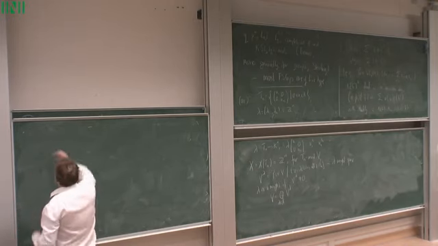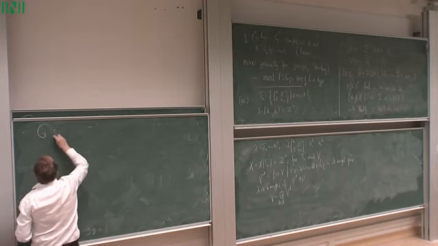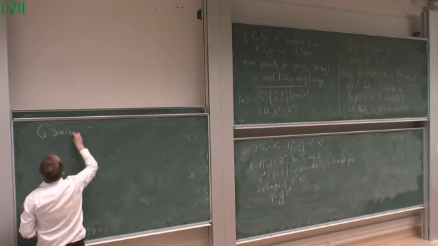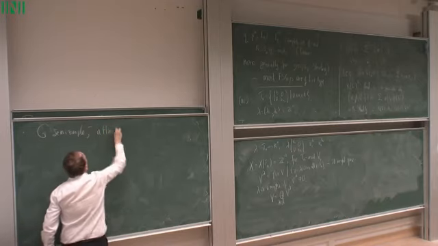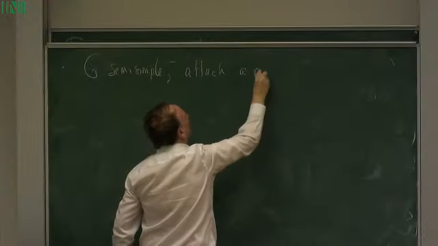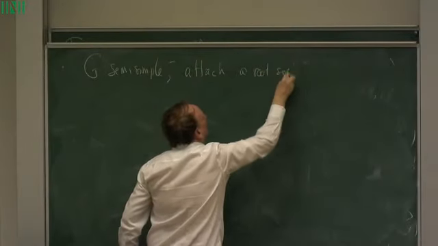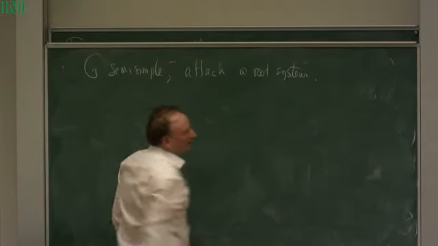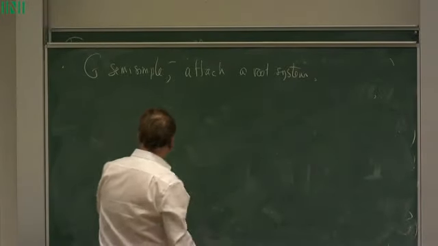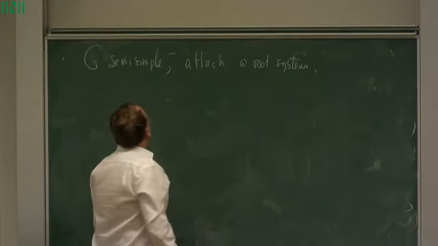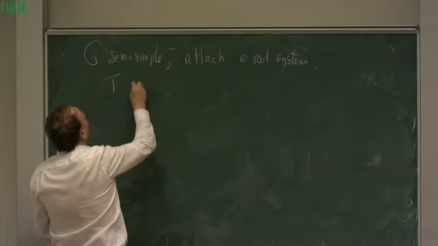Well, so G is going to be semi-simple, and we're going to attach a root system, because this governs the representation theory to a huge extent. So you choose T to be a maximal torus.